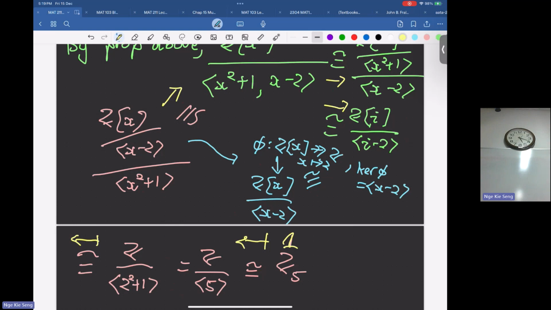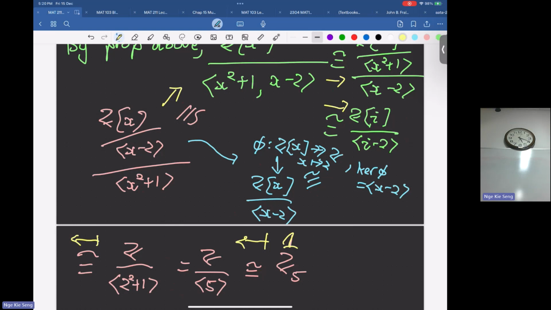So you can go from Z5 all the way back to Z[i] over I minus 2 and find the 5 cosets. Go and find them to convince yourself that in Z[i] over I minus 2 there are really only 5 things there. Make sense? Because this is a chain of isomorphisms.